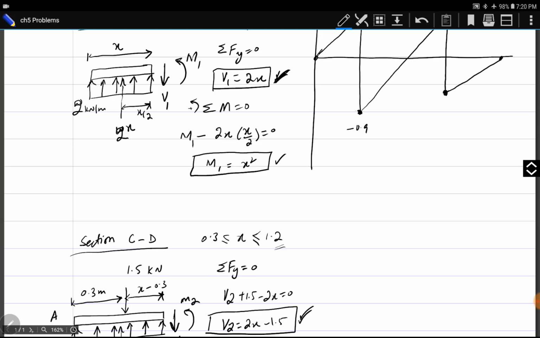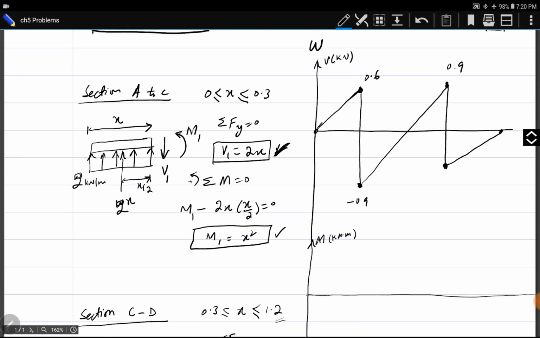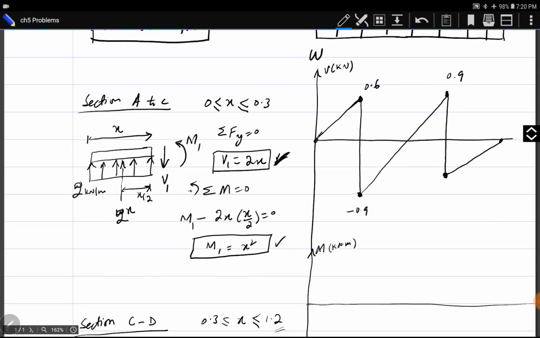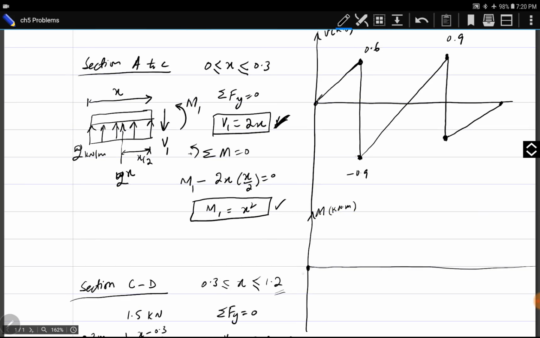Now for the bending moment diagram, in kilonewton meters. In the first expression of M1, when x is between 0 and 0.3, when we put x equal to 0, M1 is 0. And when we put x equal to 0.3, M1 becomes 0.09.